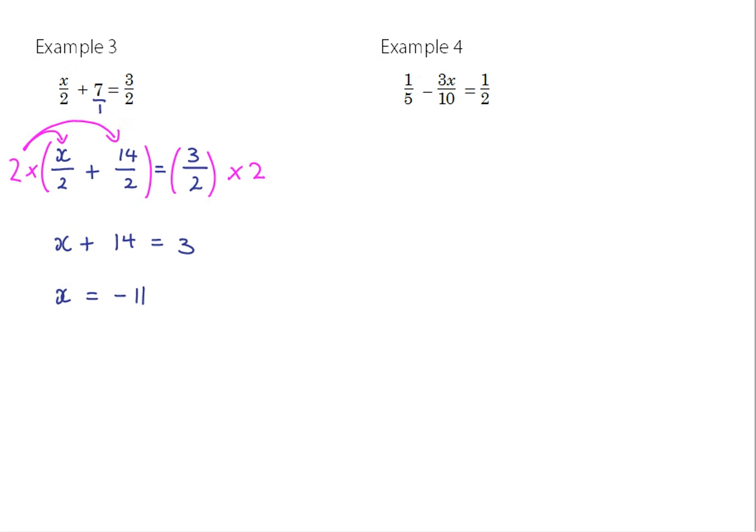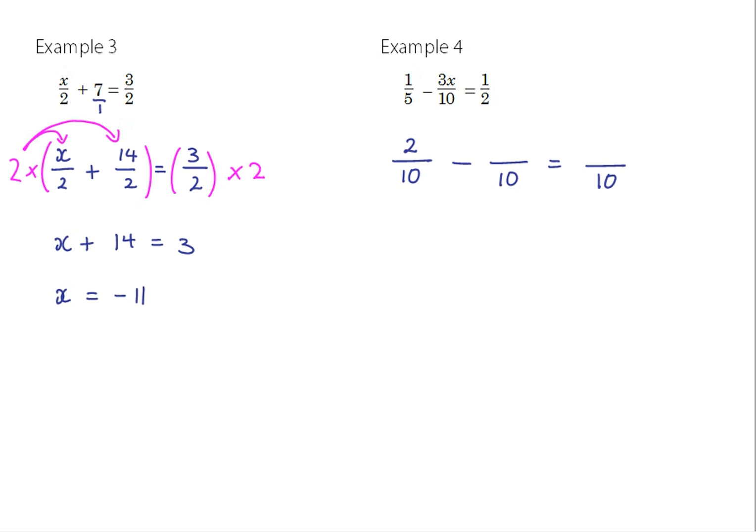Okay, second example, again we've got fractions here. I'm going to think about my common denominator, so I've got denominators of 5, 10 and 2, so my common denominator is 10. So I want to write each term in the equation with that common denominator. So that first term, I've multiplied the denominator by 2, so I need to do the same to the numerator.